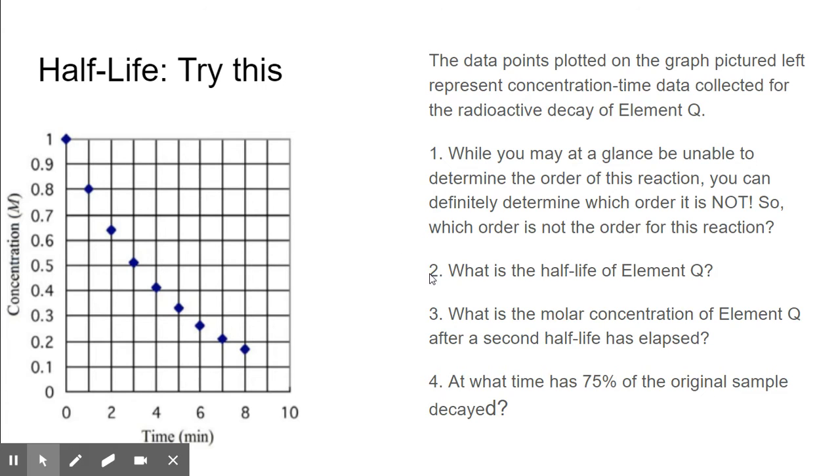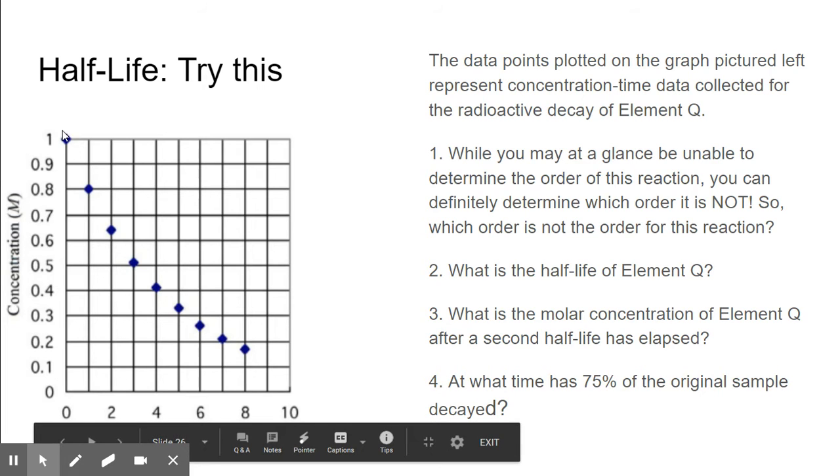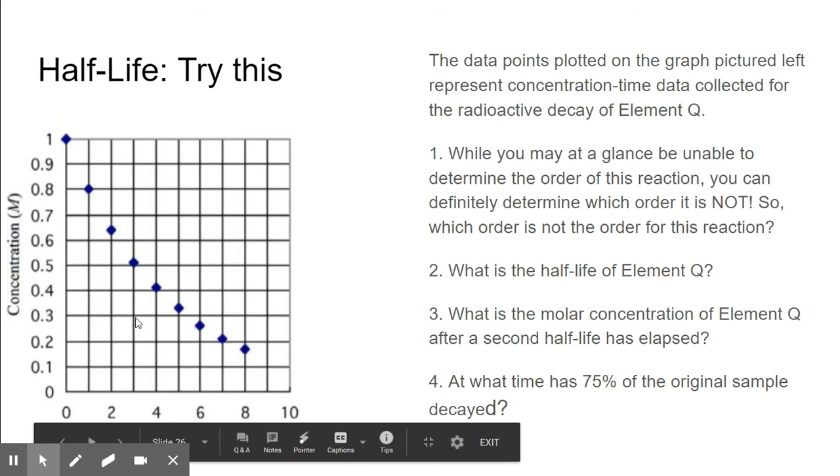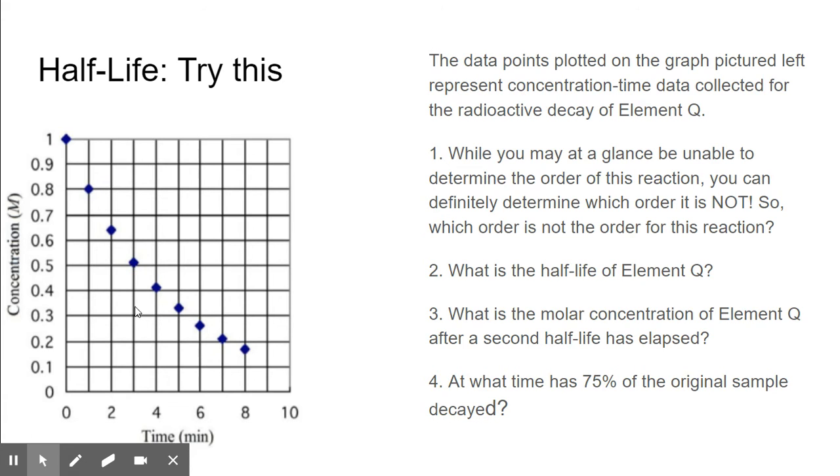Okay. Next thing, what is the half-life of element Q? Well, it starts at 1. In order to get to 0.5, or half of it, you need 3 minutes. So the half-life would be 3 minutes. Okay, 3 minutes. What's the molar concentration of element Q after a second half-life? So you have 0.5, and then half of that would be 0.25.